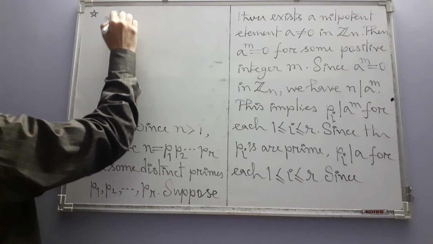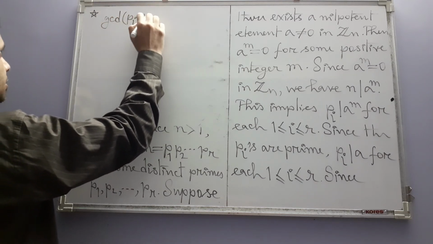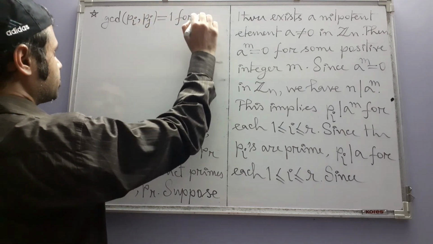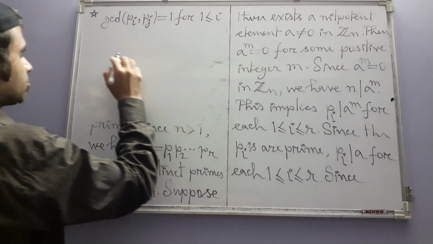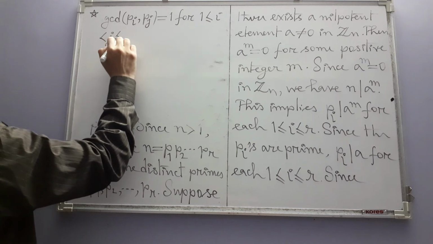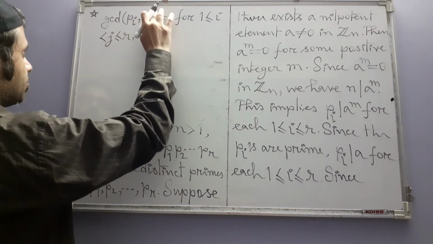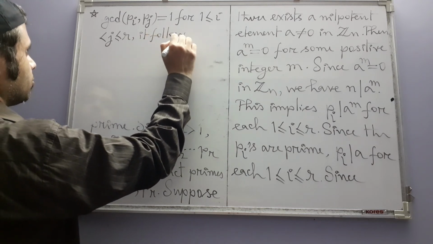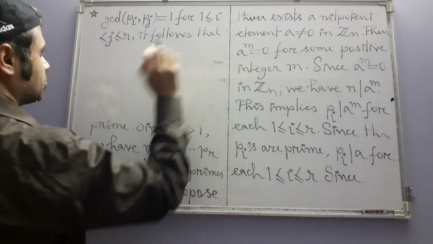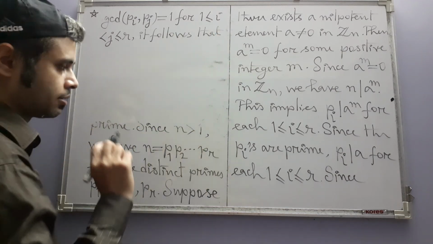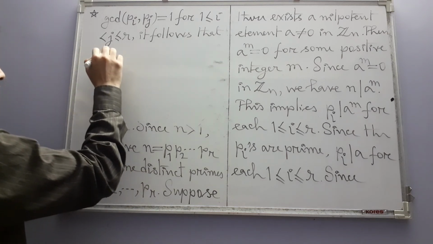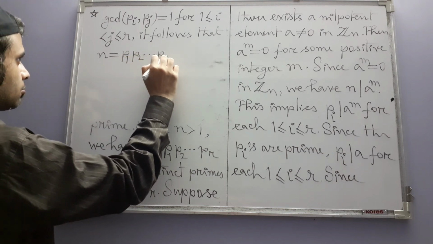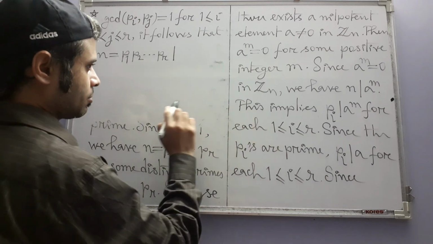We can write GCD of pi and pj is equal to 1 for i not equal to j. It follows that their product, which is n, divides our a.